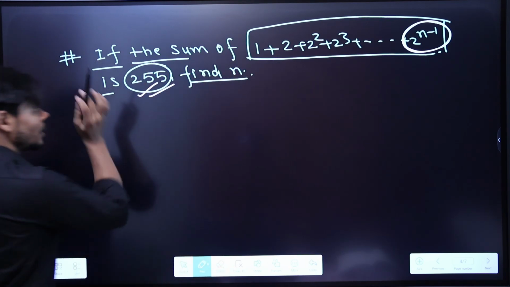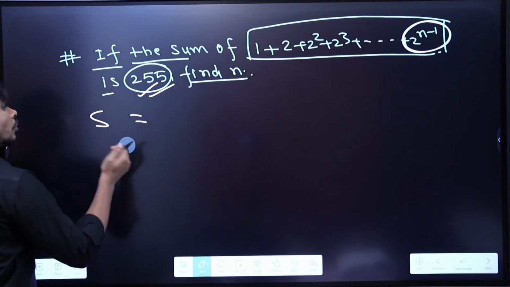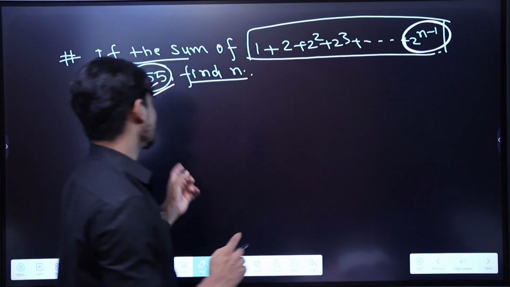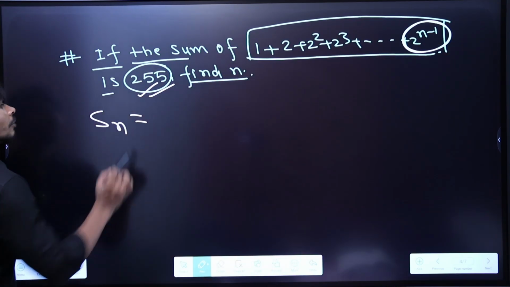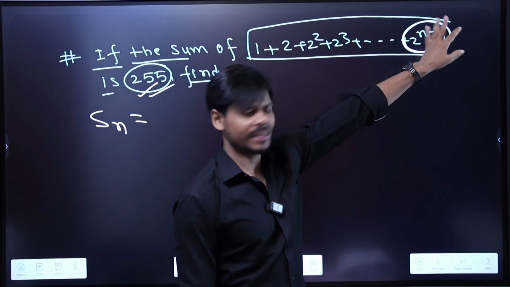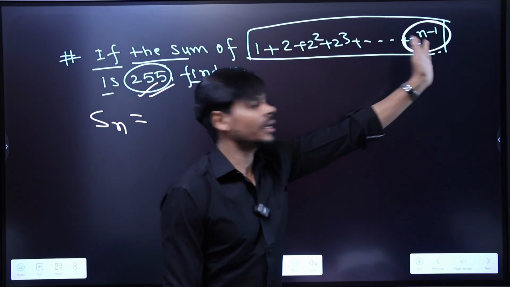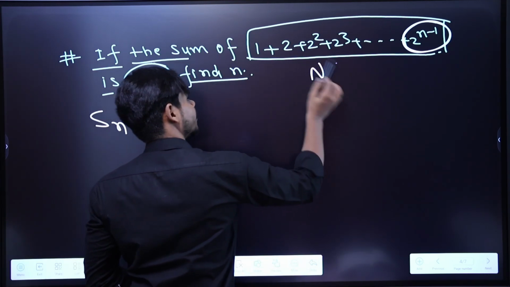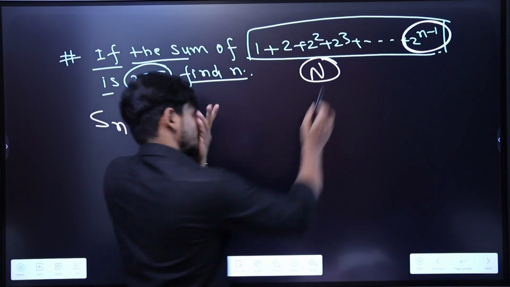So first of all, if we are given summation, it means Sn. We don't know the exact value of n. Also let me tell you, this n is different from this n. Here n represents the power of this 2, and then there is negative 1, but n will actually be the total number of terms, not this n. I am going to take that as capital N, the total number of terms for this GP.